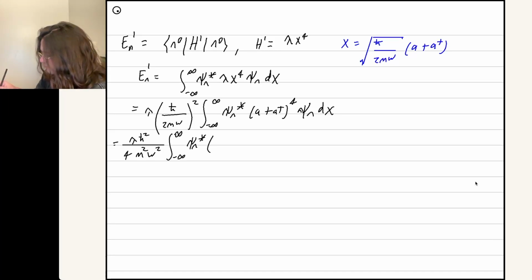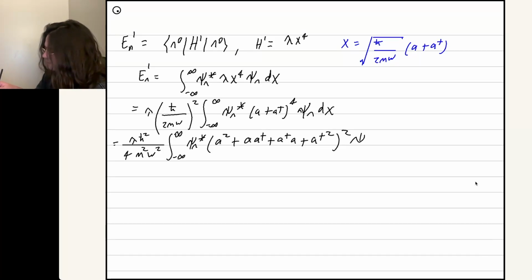So expanding to second order, it's going to be (a squared plus a a dagger plus a dagger a plus a dagger squared) psi n dx. And then we're going to square that thing in there.